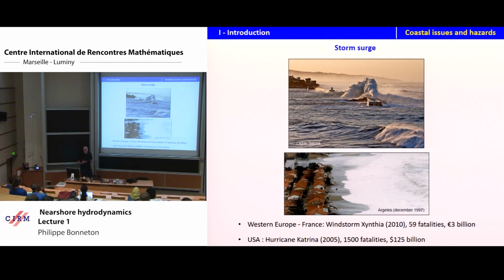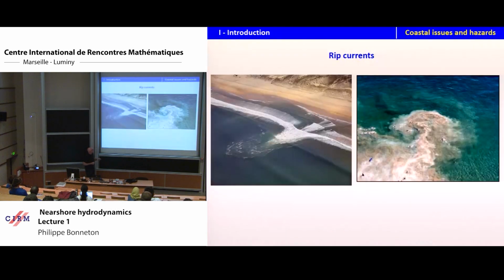So certainly flooding induced by storm surge is the main nearshore hazard. But rip currents are also a significant coastal issue. In particular, because they are really dangerous for swimmers.